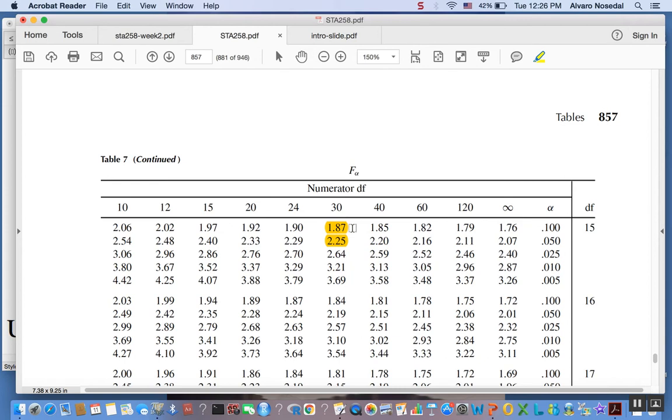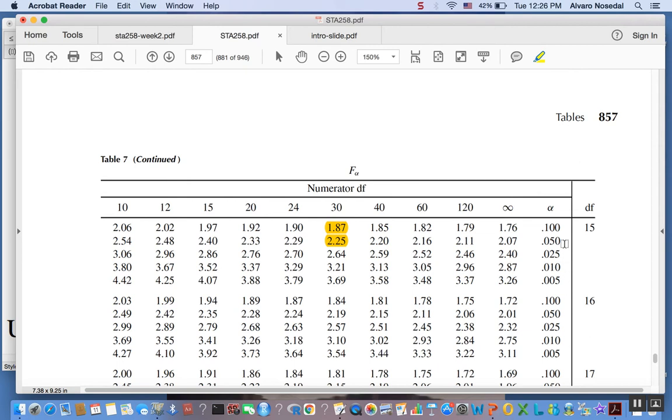The interpretation is, if you have an F distribution with 30 degrees of freedom in the numerator and 15 degrees of freedom in the denominator, to the right of 1.87 you have 10%. Same goes for 2.25: the area to the right of 2.25 is 5%.